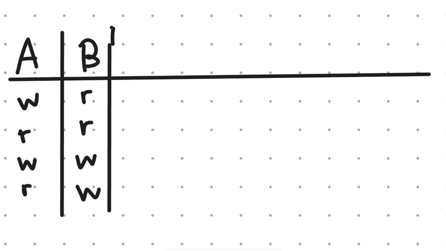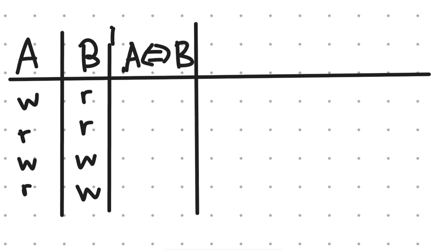Okay. So if we want to prove the equivalence principle, A equivalent to B, then it means that A and B have to have the same expression on both sides. So if A is wrong, then B has to also be wrong. And if A is right, then B has to also be right.